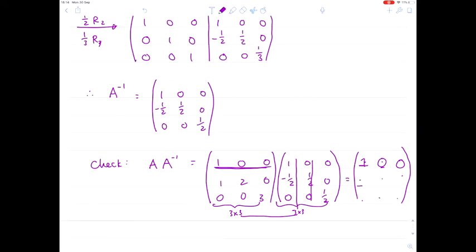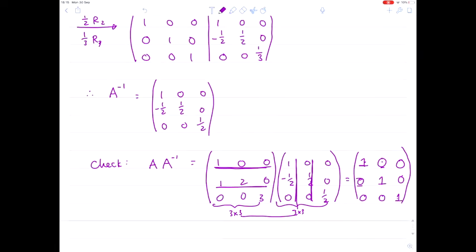Second row first column is going to be second row times the first column, so that's going to be 1 times 1 minus 1 plus 0, so that's also a 0. Phew. Okay. Second row times second column, I'm going to get a 1 times 0 plus 2 times a half plus 0 times 0, so that's a 1. And if you keep filling in, you'll see that we do end up with the identity.